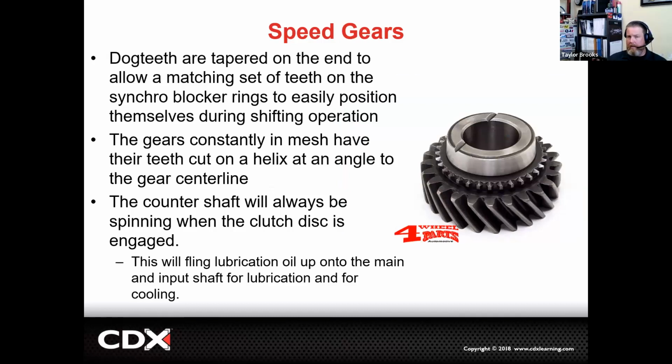I brought up that these components are going to be splash lubricated, and splash lubrication is where the counter shaft is going to go through the oil and then fling it up on top of our speed gears, and they're just going to be kind of gravity lubricated. So whatever oil gets up on top of it, it's what's lubricating it. There can be channels.